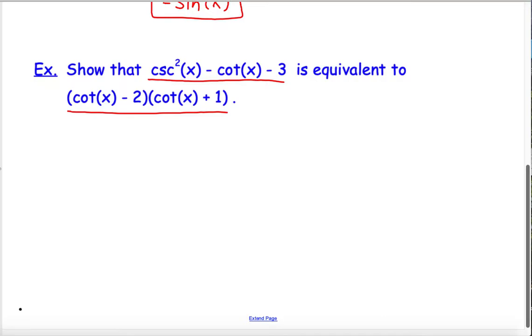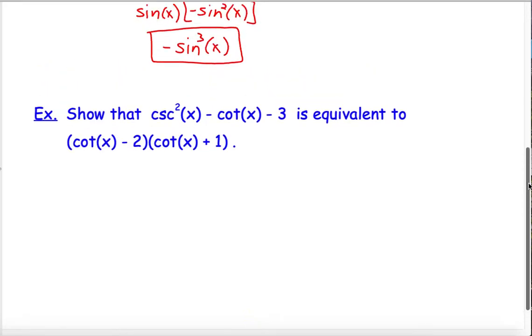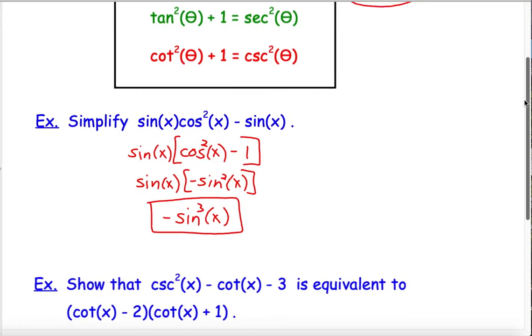But notice in the factored form, I'm only dealing with cotangents. In the original, I have a cotangent here, but I have a cosecant squared. So that doesn't seem to fit. So maybe I can use one of those Pythagorean identities to replace my cosecant squared. Cosecant squared is equal to cotangent squared plus 1.